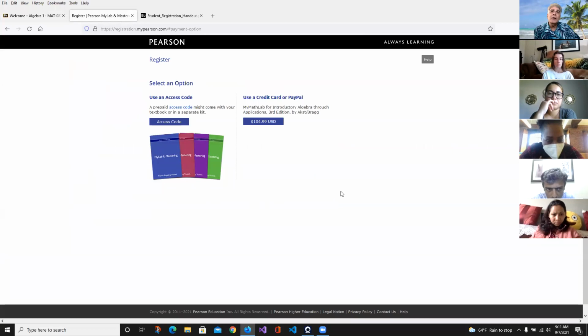Right below here, there's an option that would have been printed that says you get 2 free weeks access to the system. So you can go ahead and do your homework and your quizzes, whatever tests, and within the 2 weeks, you get to use the system for free. After those 2 weeks, you get to use one of these 2 options.